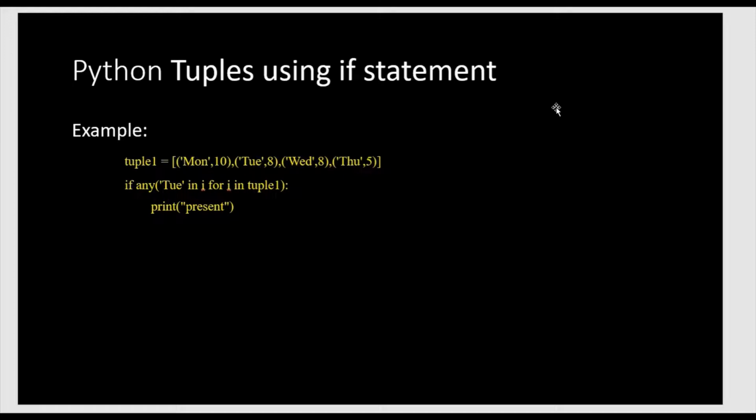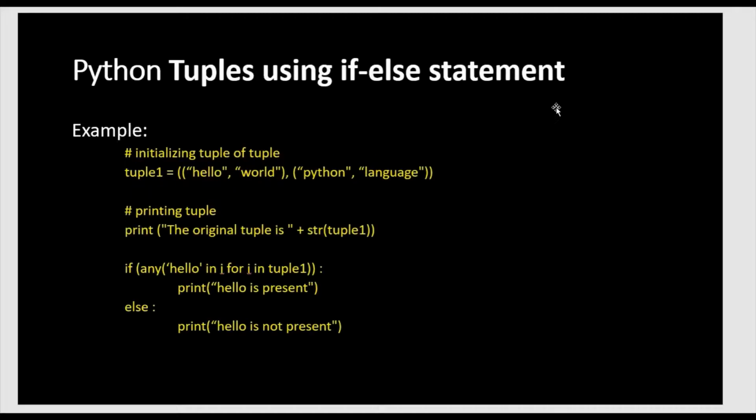We can use conditional statements and loop statements with tuple data types too. For example, tuple equals Monday 10, Tuesday 8, Wednesday 8. If Tuesday is present, for i in tuple1, then print present.